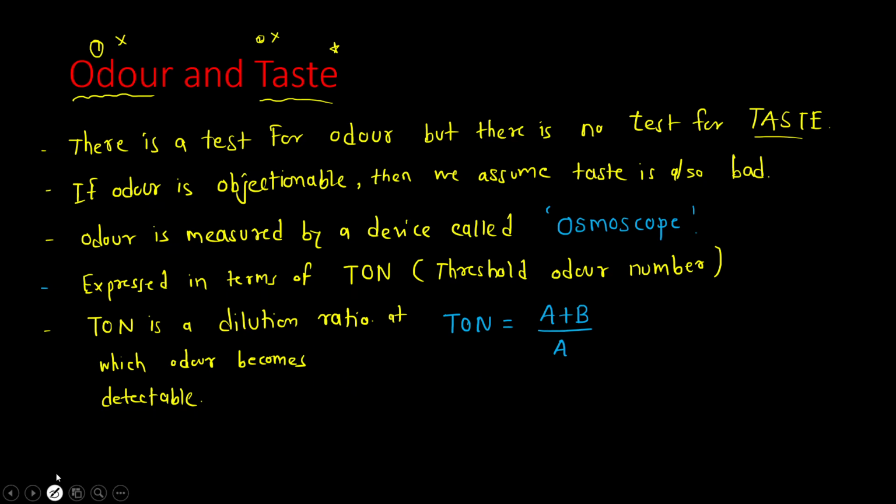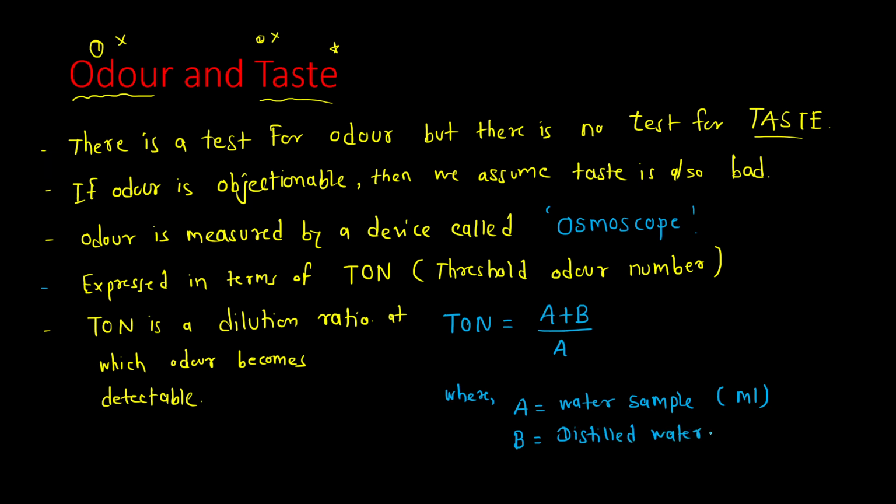In this formula, A stands for the water sample in ml, and B stands for the distilled water used in dilution, also in ml.